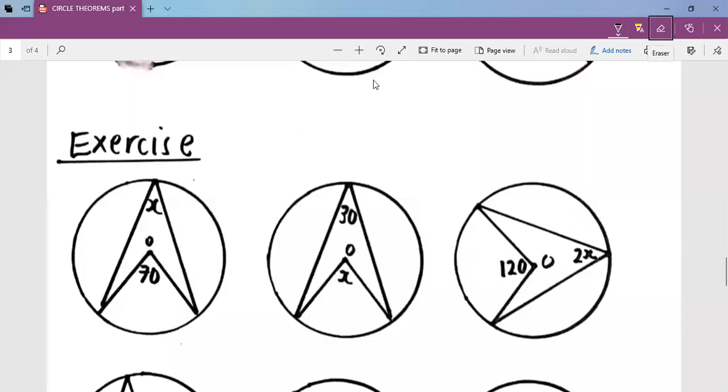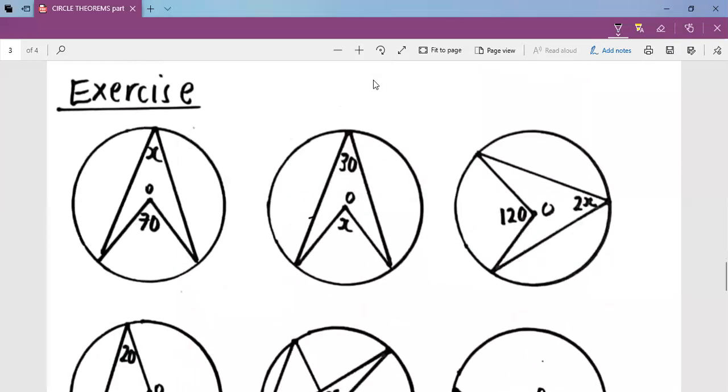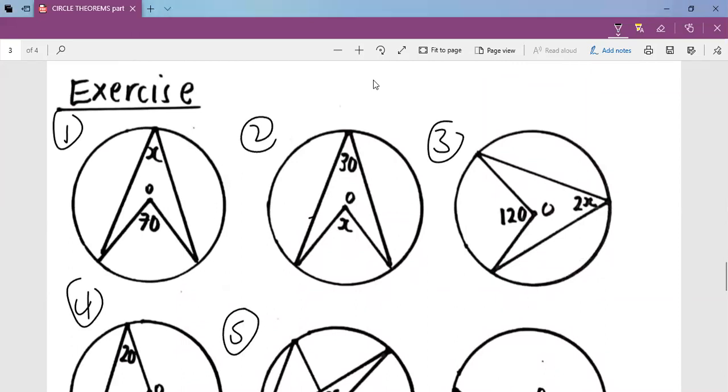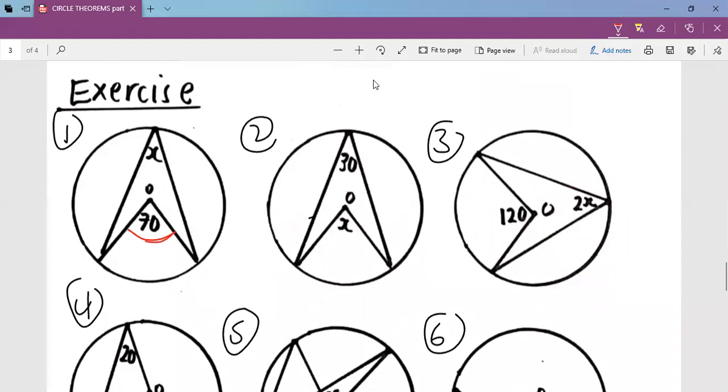So when you look at number 1, number 2, number 3, number 4, number 5, and number 6. When you look at number 1, the angle at the center is 70. It means the angle here at circumference will be 35.